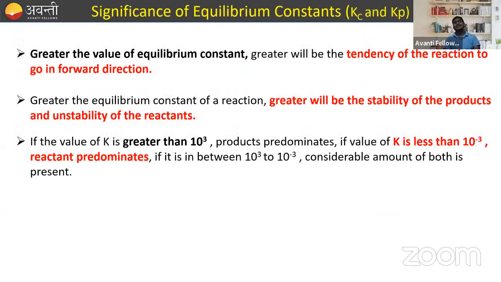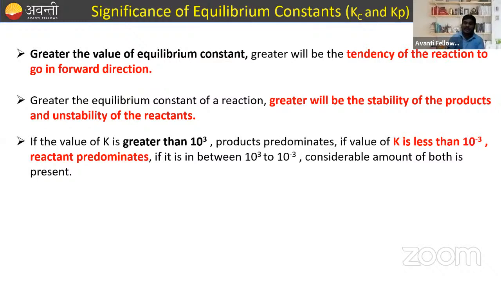Now, what is the significance of the equilibrium constants Kc and Kp? Basically, the greater the value of the equilibrium constant, the greater the tendency of the reaction to go in the forward direction. Similarly, the greater the equilibrium constant of a reaction, the greater the stability of the product and instability of the reactant.